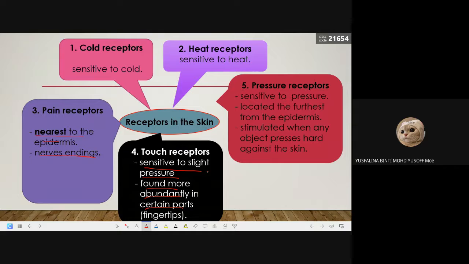The touch receptor is more sensitive at your fingertips because if you touch something, it's easy for you to feel it. Alright. The pressure receptor is sensitive to pressure, so it is located the furthest. So the nearest is the pain receptor, the furthest is the pressure receptor. It is stimulated when any object presses hard against the skin. Okay, so this one, of course, you know, is sensitive to cool, and sensitive to heat.